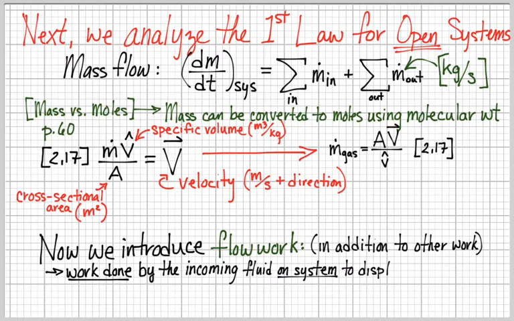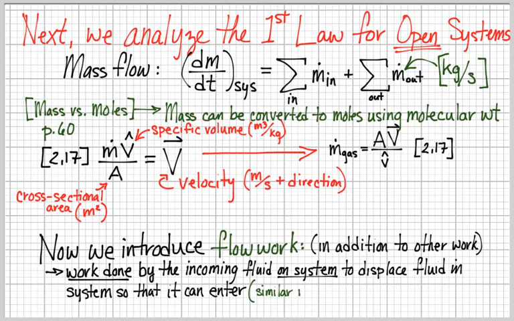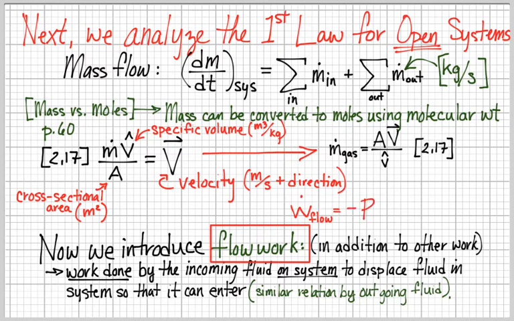It's going to be work done on the system to displace the fluid that is inside the system so that it can enter the system. So I need to do work to get fluid displaced and out of the system, or increased in pressure, or any number of different things. And the way that I describe that is as flow work. And so you're seeing here a description of that we find on page 61.